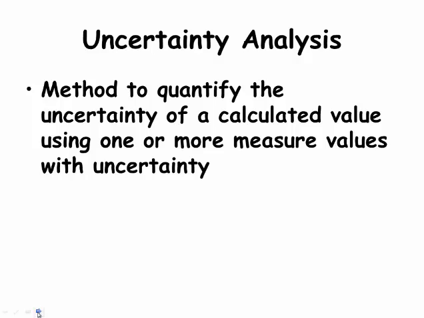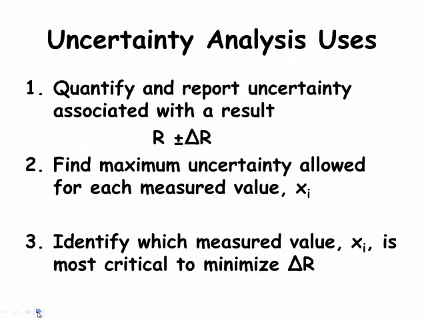The purpose of the uncertainty analysis is to quantify the uncertainty of a calculated value using multiple measured values, each with measurement uncertainty. We can get three useful pieces of information from an uncertainty analysis.